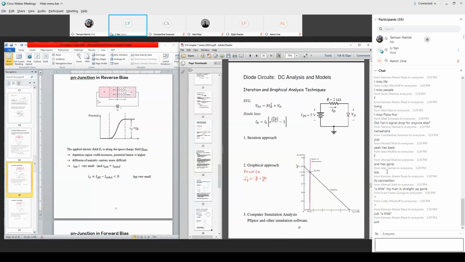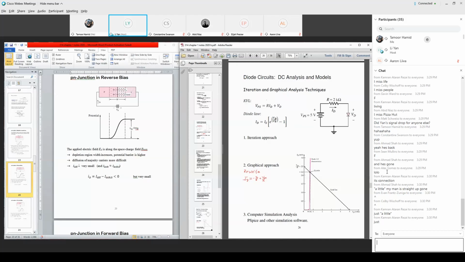You have the device law for the resistor, and the device law for the diode. You combine these two equations, and you can solve for the voltage and current in this circuit, given the value of the voltage source and the resistor value.